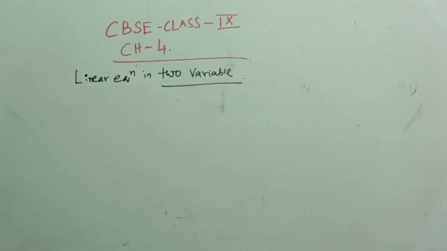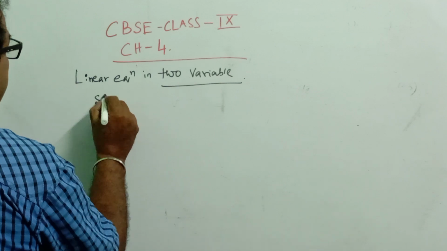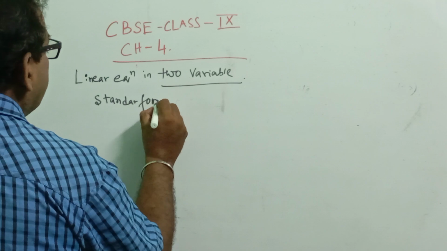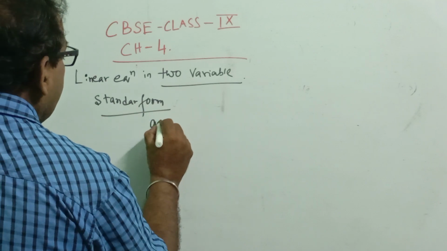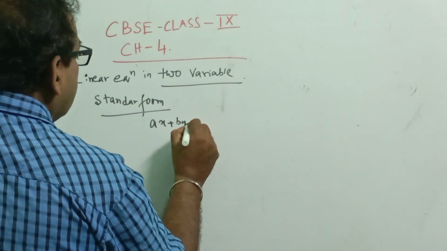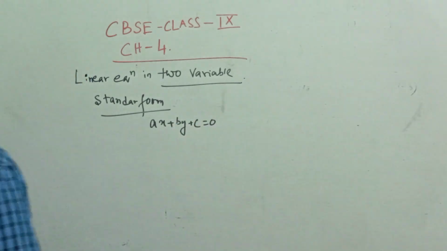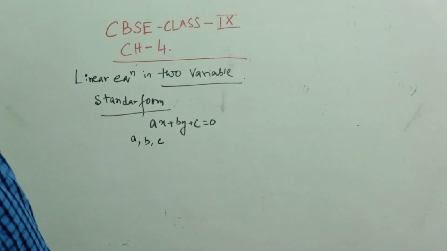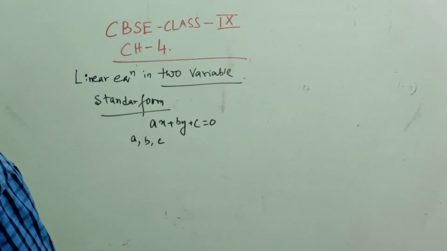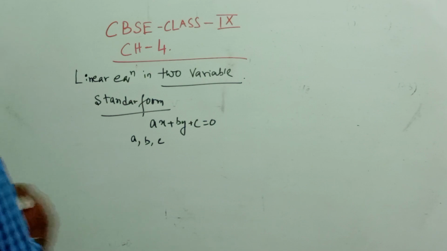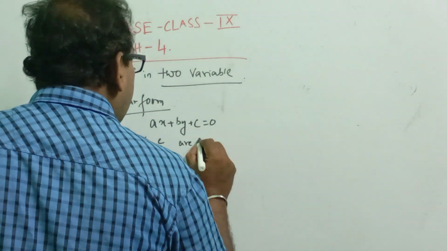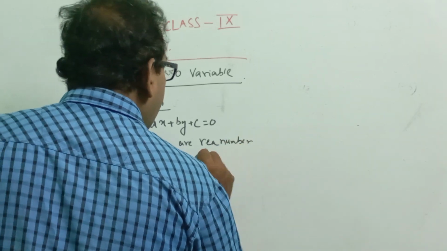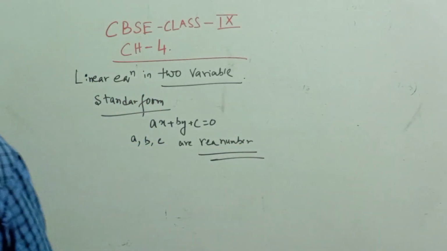Basically, very importantly note the standard form, that is ax plus by plus c is equal to 0, where a, b, c are real numbers. It's very important, a, b, c are real numbers.